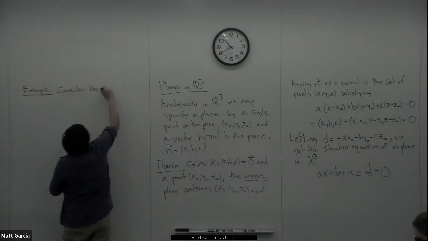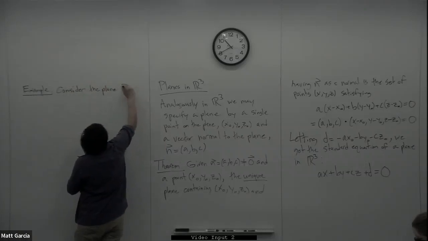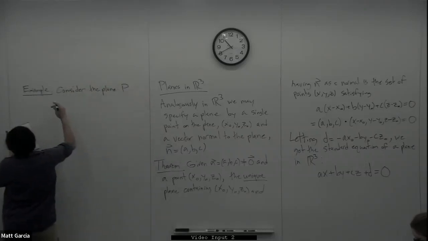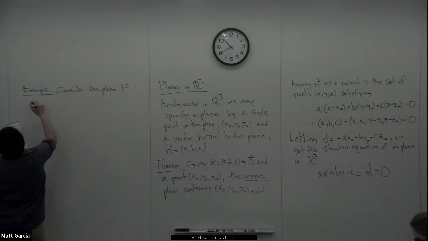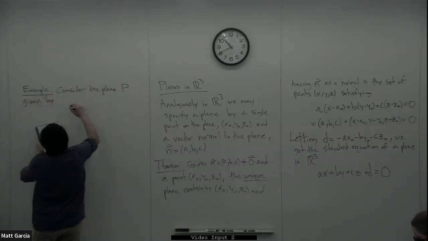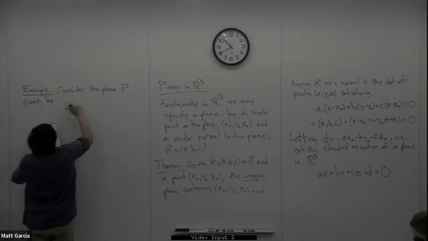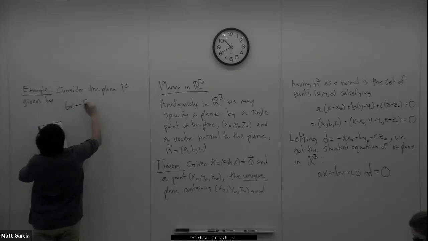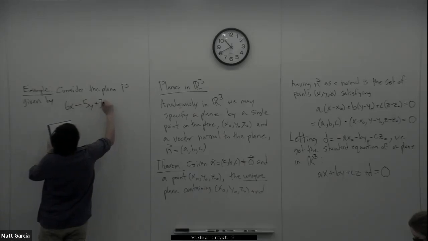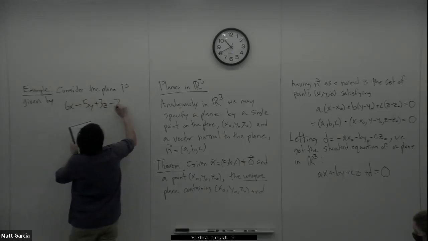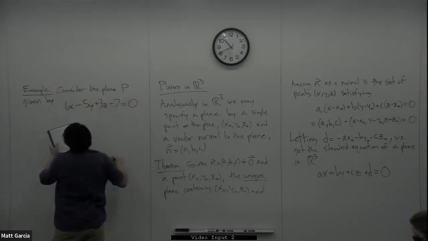So consider the plane P given by the equation 6x minus 5y plus 3z minus 7 equals 0.